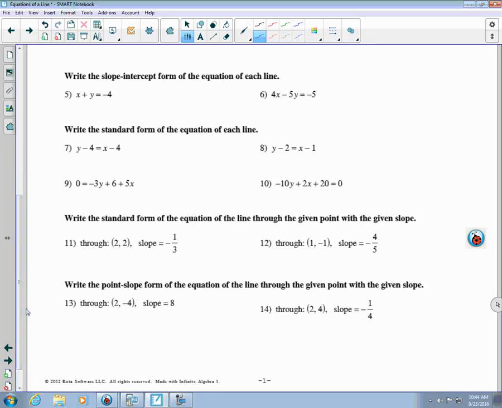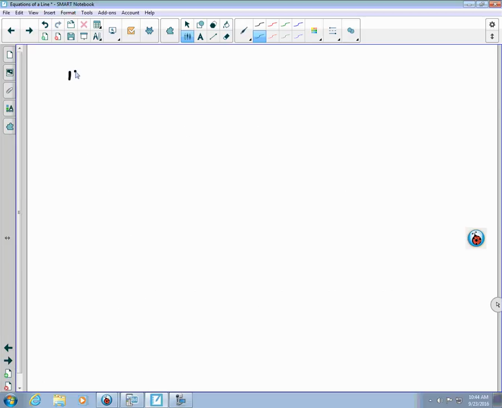All right, let's write the standard form of the equation of the line through the given point with the given slope. We're on number 11. You guys tell me the problem. What's number 11? It goes through what point? And I want it in what?